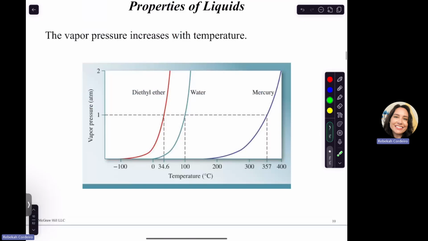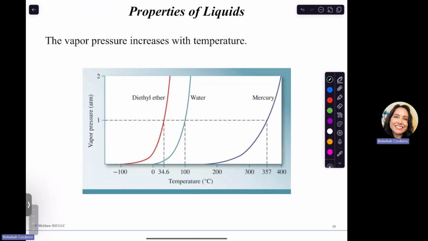So what I'm hoping that you're noticing here is that the boiling point temperature is related to the vapor pressure when the vapor pressure is equal to the atmospheric pressure.